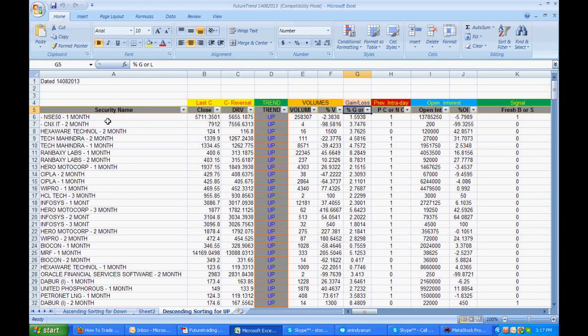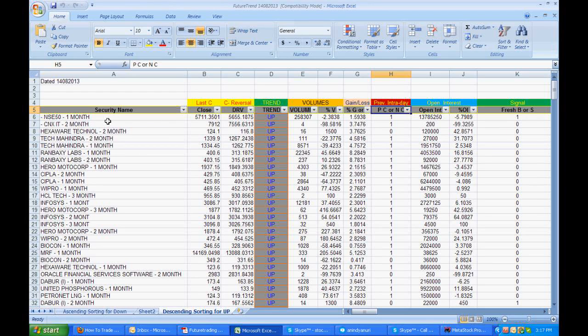When we are looking at the previous intraday, PC and NC, we talk about positive candle and negative candle. Price above the opening, the current price or last closing price above the open, is considered a positive candle. Price below is considered a negative candle.